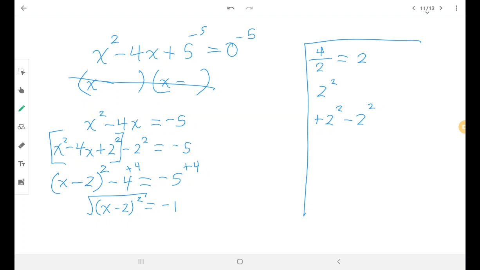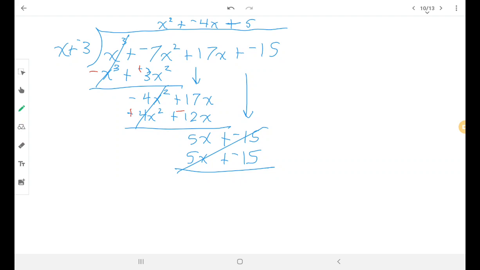Then I can take the square root, plus or minus, and have x minus 2 equals plus or minus the square root of -1, which is just i, the imaginary number i. And then I can add 2 to both sides, and typically we write this as x equals 2 plus or minus i, like that. And that gives us all the answers that we need.